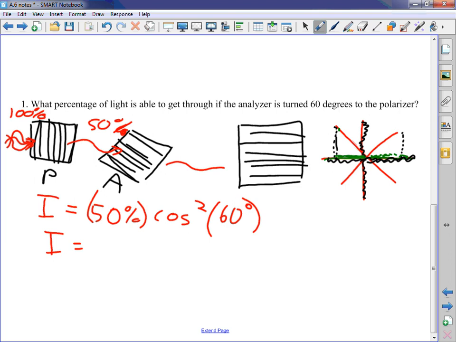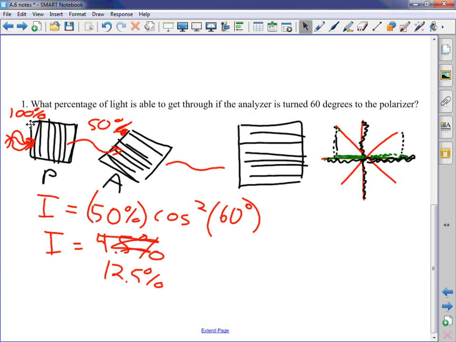So what did I come out to be? 4.5% is what it came out to be. Is that right? 12.5. Oh boy. 12.5%, right? This is not a linear function. It's not just 60% of 50. You can't multiply your 50 times 0.4 and get that here.